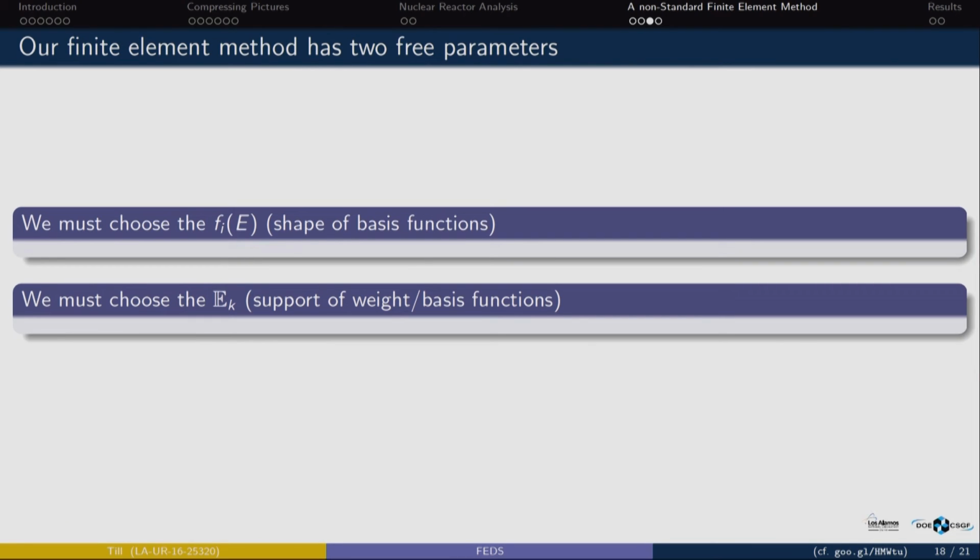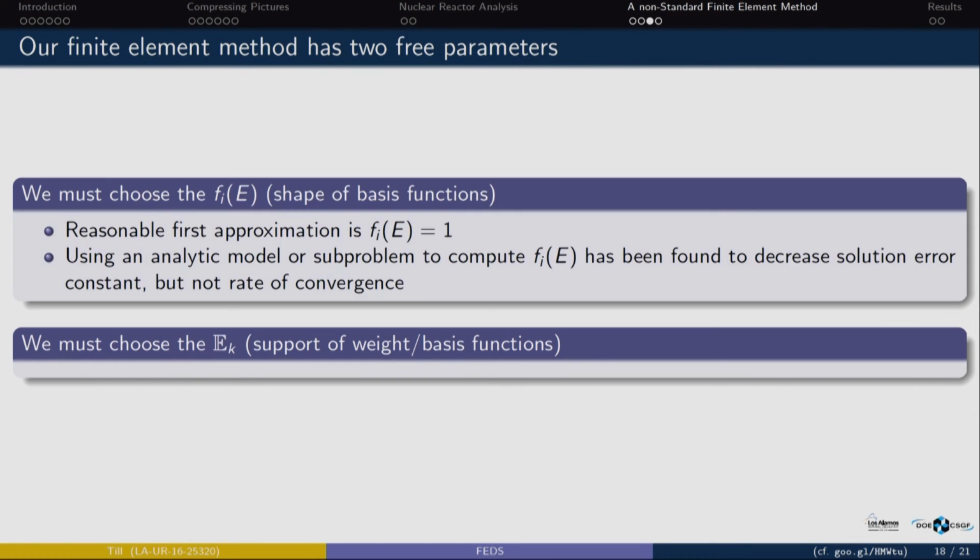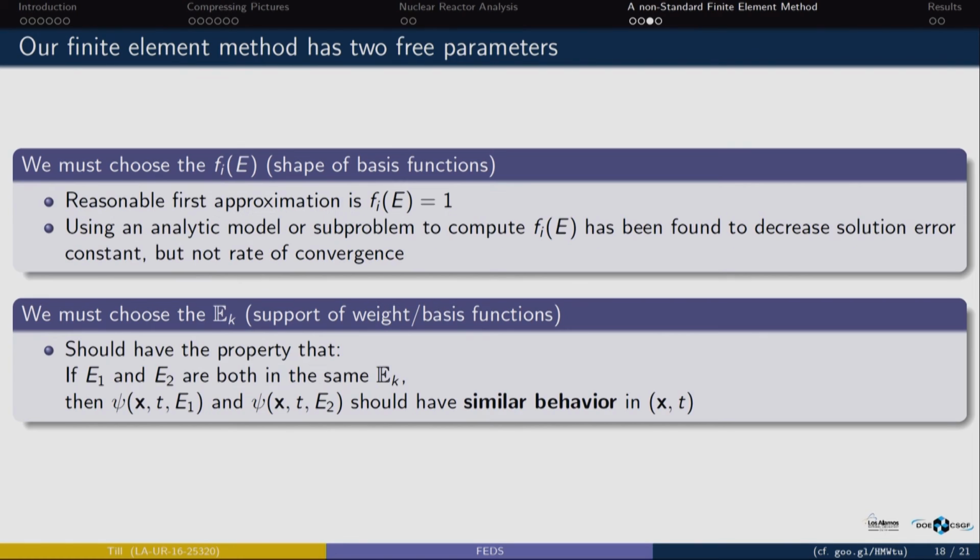All right, so there's still 2 free parameters in this method. The first is the shape of the basis functions, which you could just use as flat, or you could do some sort of analytic model or subgrid problem to get a better representation. The other thing that you need is the support of these basis functions, these weight functions, which is also the definition of the elements themselves, the energy elements.